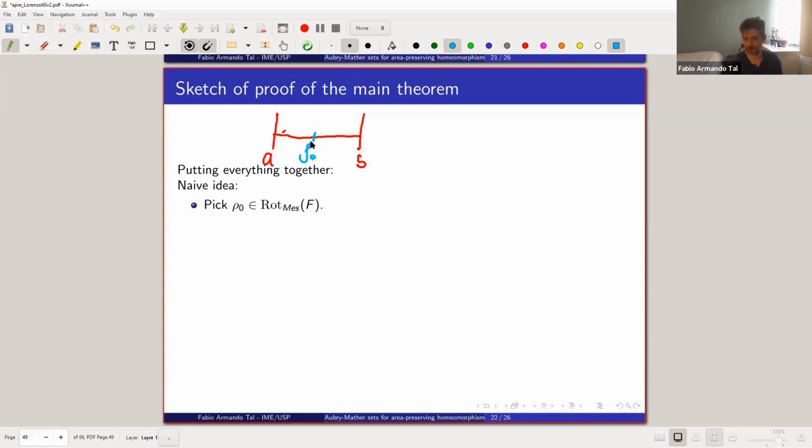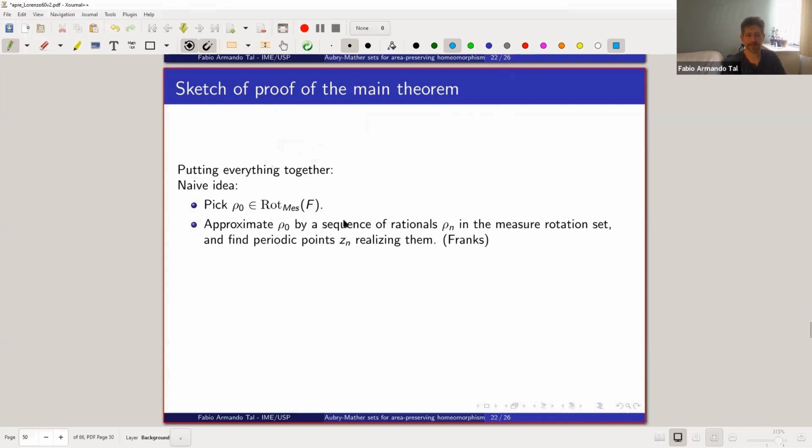So the goal of the theorem is to prove that for any rho 0, I can find a compact invariant set that realizes rho 0. Well, I don't know if rho 0 is realized or not at the beginning, but the idea is that I can approximate rho 0 by a sequence of rationals inside my rotation set.